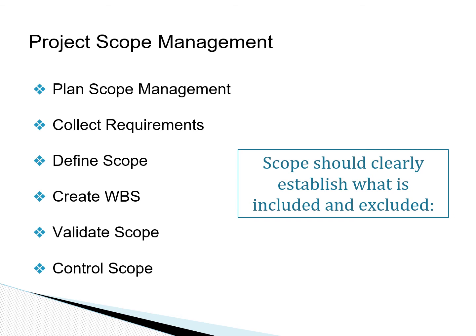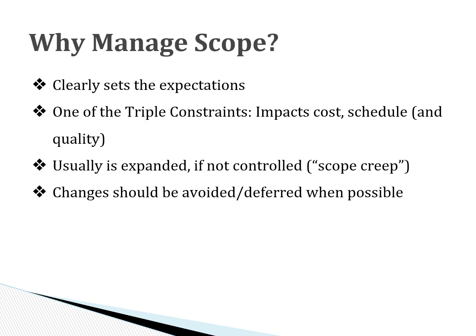Fundamentally, scope should clearly establish what is included in the scope of the project, and as importantly, what is not included in the scope. So why is scope management so important? Why is it that we are talking about it as the first management process in project management discussion?